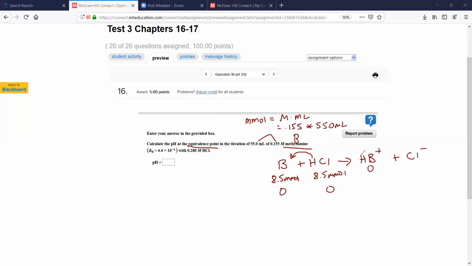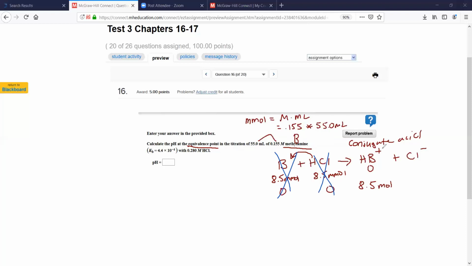So my conjugate acid starts at 0 and goes up to 8.5. So at the equivalence point, I don't have any more of my weak base, and I don't have any more of my HCl. All that I have left is 8.5 millimoles of a conjugate acid.